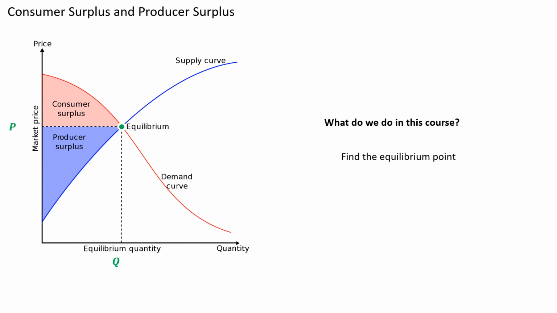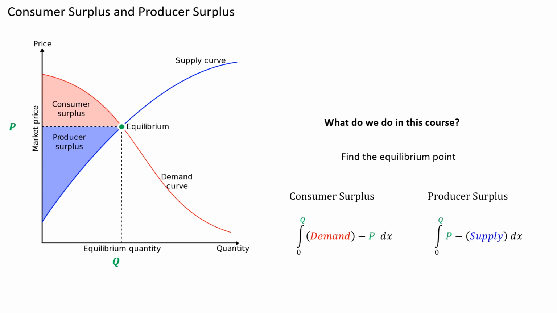So using what we learned in Calculus 1, we can compute the consumer surplus by just integrating the top curve minus bottom curve. But in this case, the bottom curve is just a flat line where the function y equals p. Likewise, we'll compute the producer surplus, the bottom shaded region, by once again integrating top curve minus bottom curve. In this case, the top curve is the equilibrium price, and the bottom curve is the supply curve. These are the formulas that you'll use to compute these quantities when you try the problems.